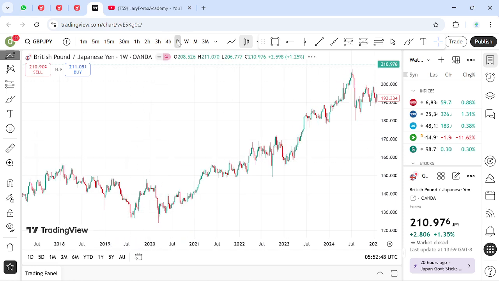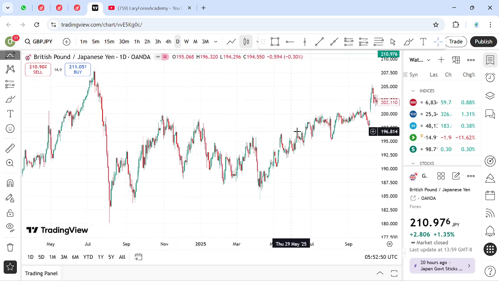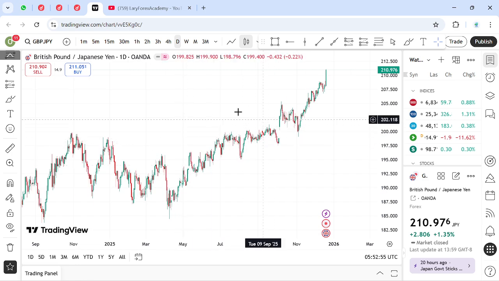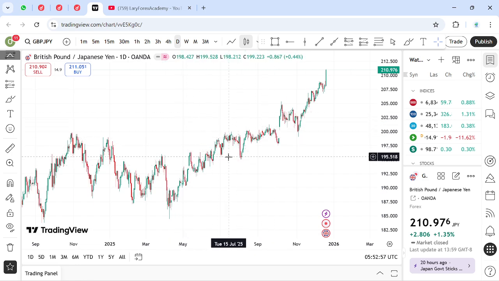Now, when we go to the daily time frame, it means all of the candlesticks on this daily time frame open and close after every day. You understand? I told you a candlestick opens at the bottom or the top, and it will close at the end of the day, signifying whether it's a bullish candlestick or a bearish candlestick.